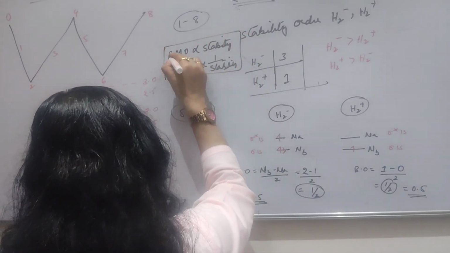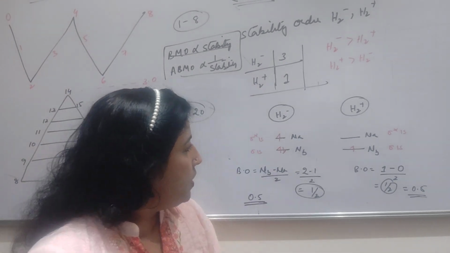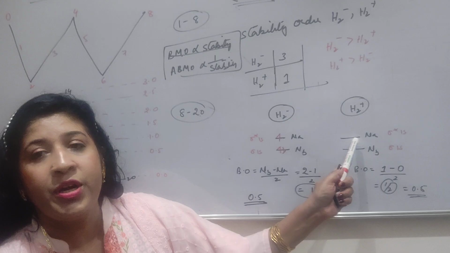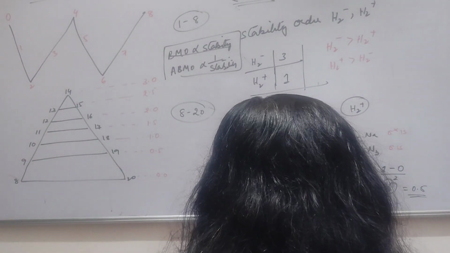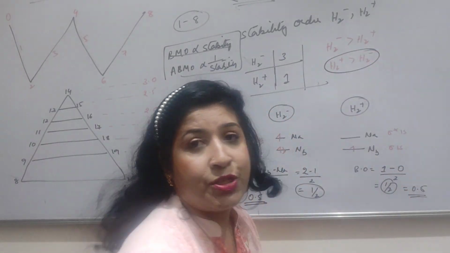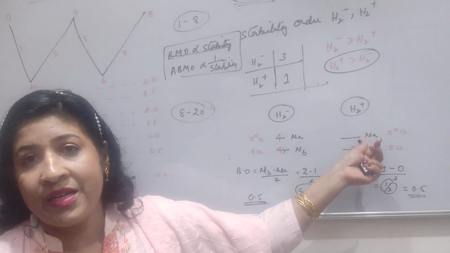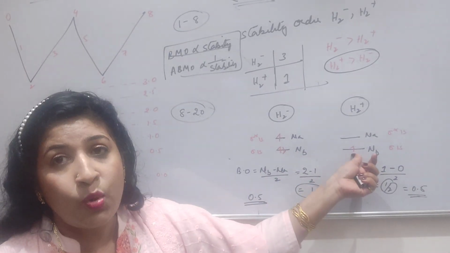So keeping this in mind, see here, the anti-bonding molecular orbital doesn't have electrons. So obviously, our answer will be H2 plus is greater than H2 minus. Isn't it easy? The electrons are filled in bonding molecular orbitals. So this is more stable.